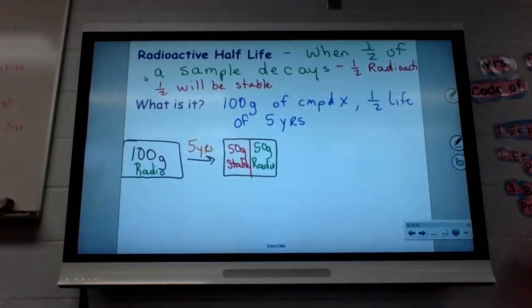Okay? Not all nuclear waste has terrible half-lives. Some of it could be seconds, some of it could be minutes, some of it could be millions of years. Just sort of depends. So I picked one that's got a half-life of 5 years. All right? Now, after 5 years, 100 grams is now 50 grams radioactive, 50 grams of it is stable.